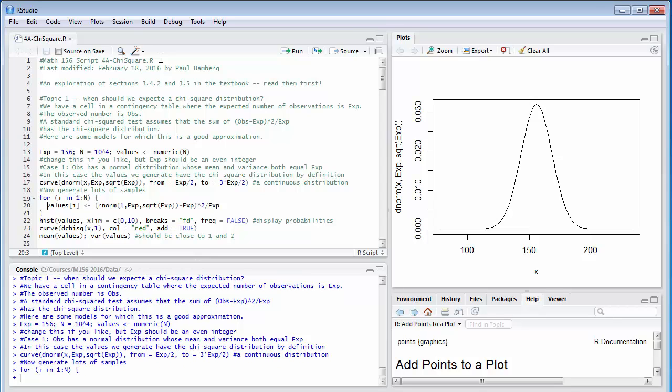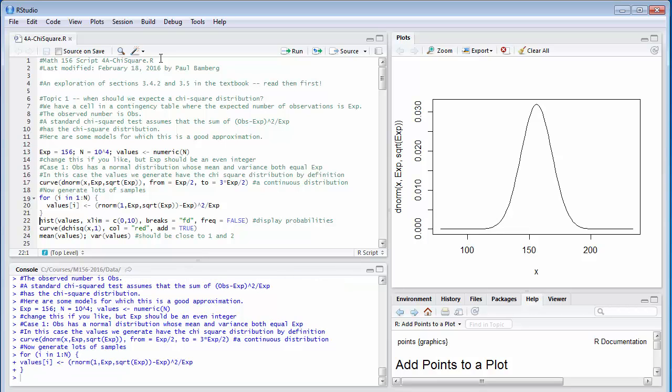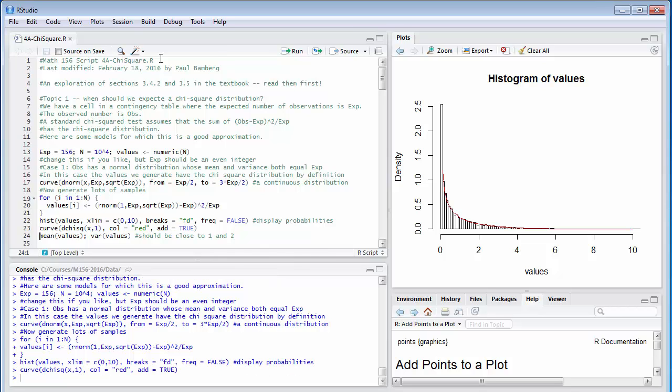10,000 times we will save a value, and what we will do with the sample is we will subtract off the expected value, we will square the result, and then we will divide by the expected value. So here's a histogram of those results, and here is a plot of the chi-squared density function for 1 degree of freedom.